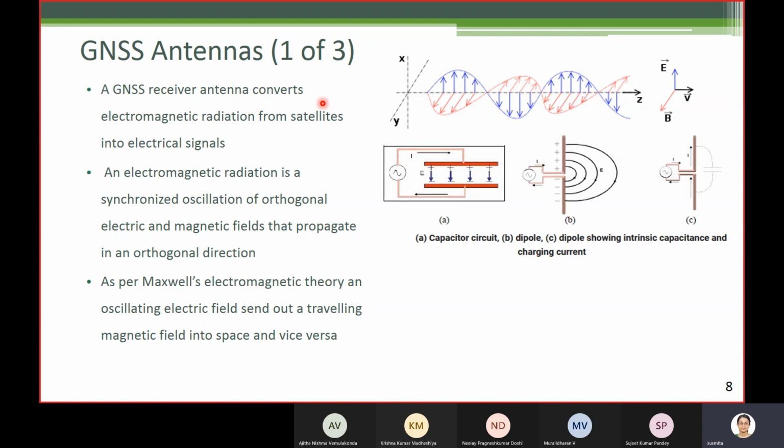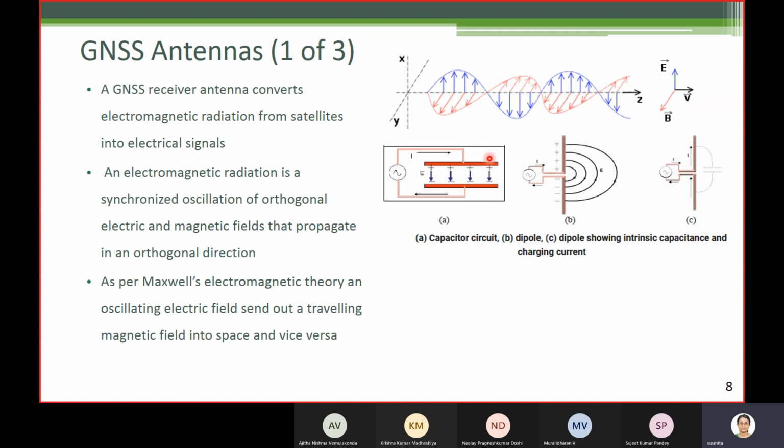So we'll see how an electrical signal is converted into electromagnetic radiation, and then from there we'll be able to understand how the reverse takes place.